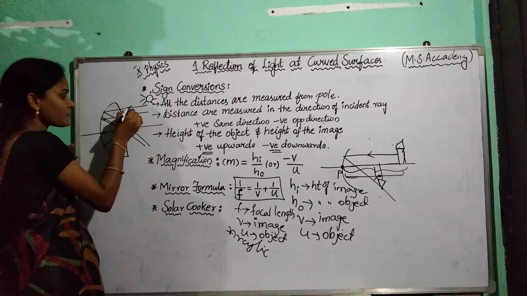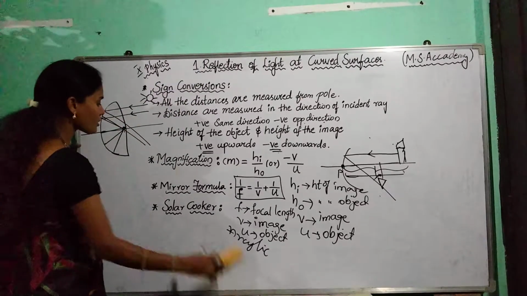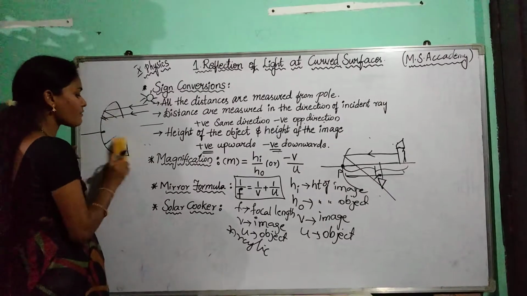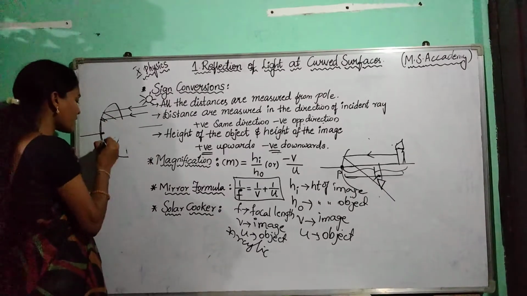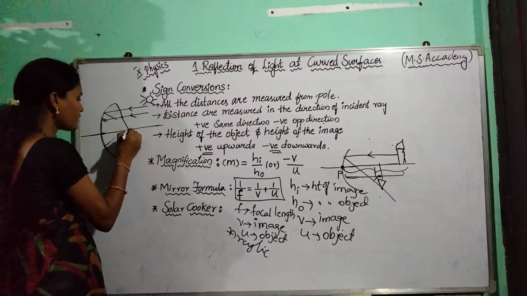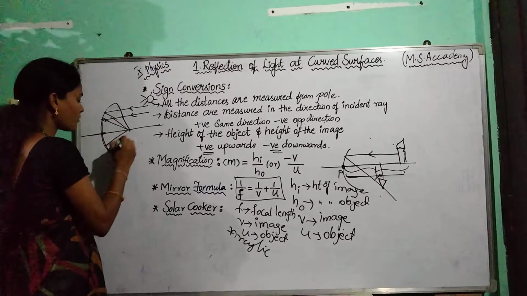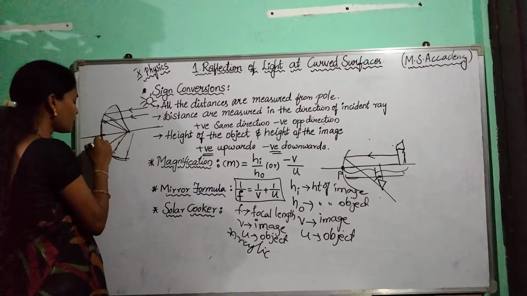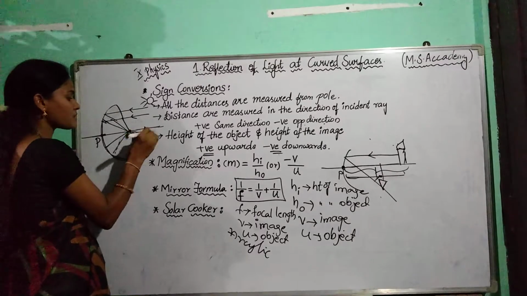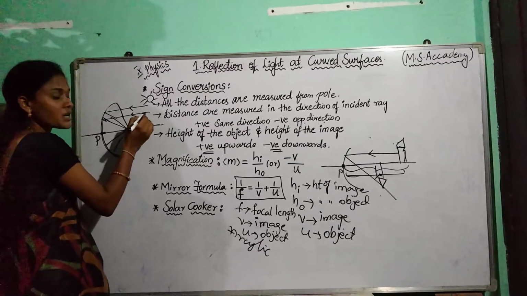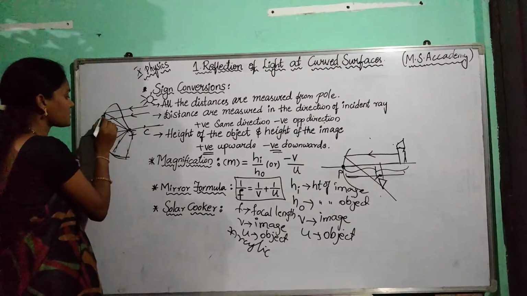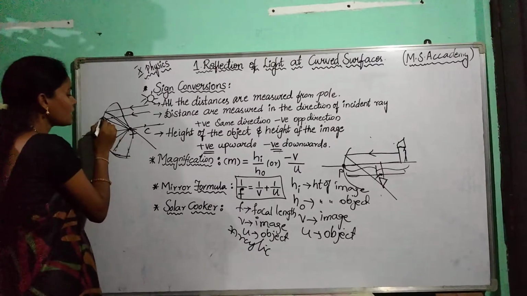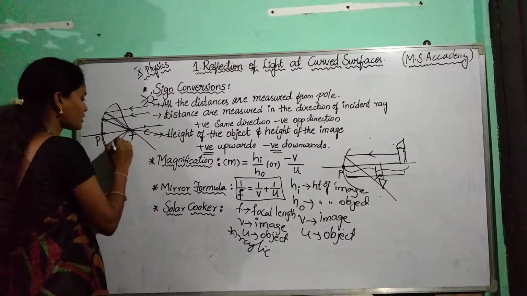Those rays will travel parallel to the principal axis or not? Yes, when the rays are traveling parallel to the principal axis, where will they meet? Already we have discussed. This is the pole, this is the focus, this is the center of curvature. Rays traveling parallel to the principal axis will be reflected.